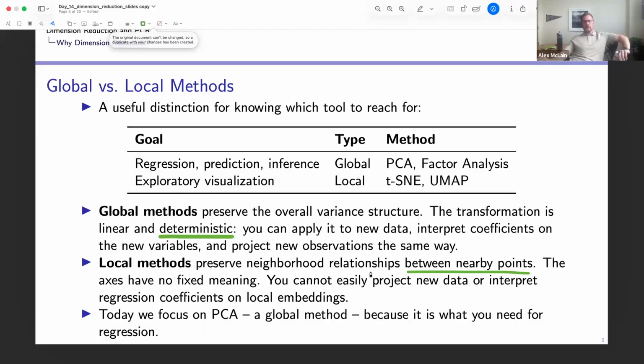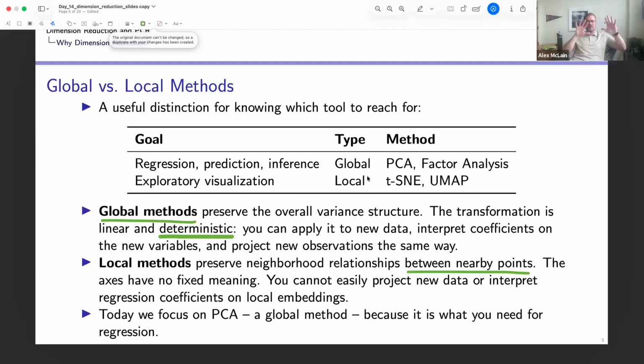So global methods that we'll talk about here, PCA, it's deterministic. We can have some interpretations, so these new variables that we're creating are going to have some interpretations. If we get a new observation, we know where to put them in terms of the room. They're not going to preserve any local relationships, though.